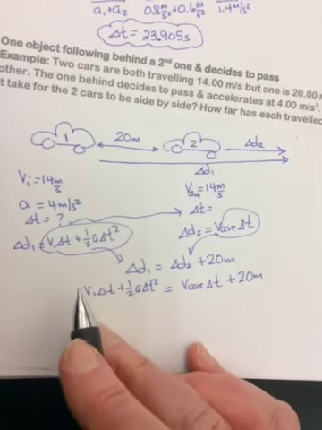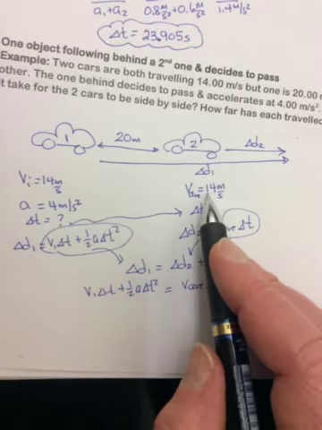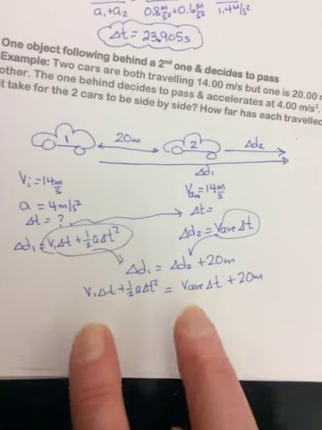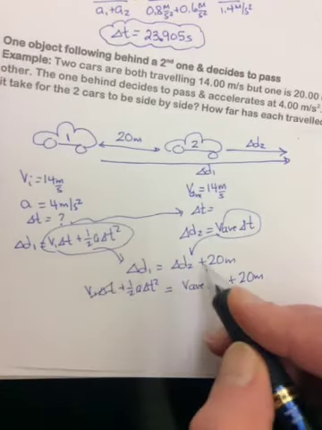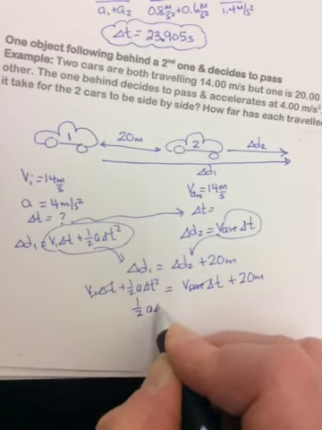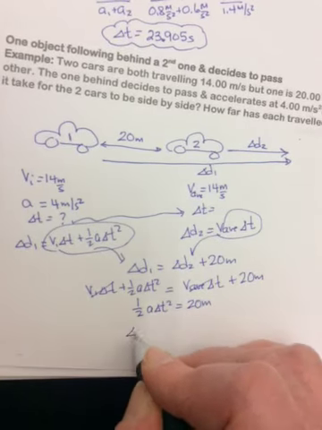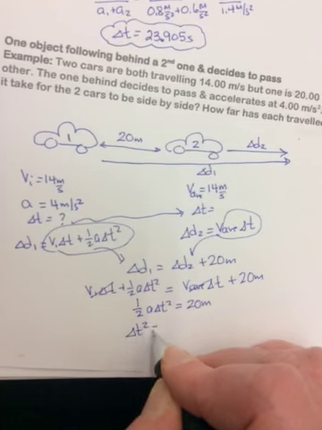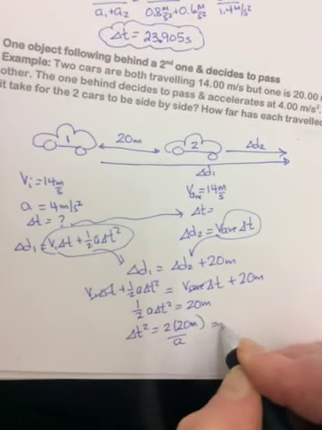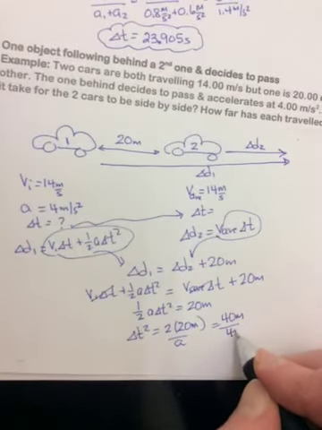This might look awful, but remember that VI was 14 meters per second and VAV was 14 meters per second. So these two terms are going to cancel each other out because they're exactly the same. So all you're going to be left with then is 1/2 A delta T squared is equal to 20 meters. You're solving for T, so multiply both sides by 2 and divide by A. So on the top will be 40 meters and on the bottom will be 4.